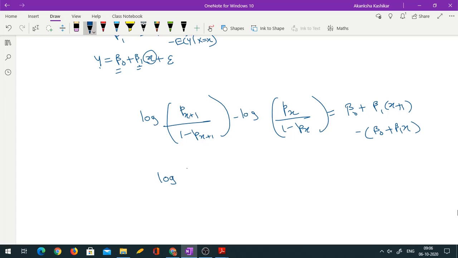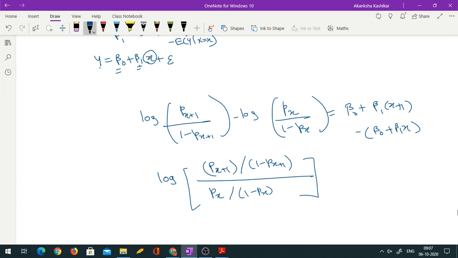So this becomes log of p(x plus 1) upon 1 minus p(x plus 1) divided by p(x) upon 1 minus p(x), using the fact that log of a ratio is the difference between the logs. So this beta naught gets cancelled, beta 1 x gets cancelled, so I am left with simply beta 1.